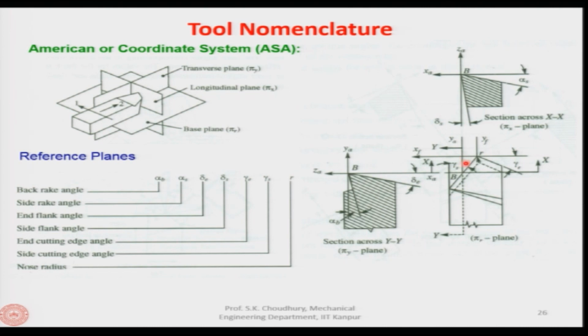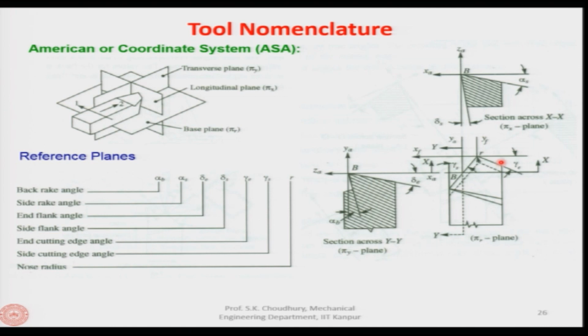Apart from this there are two more angles, one with respect to the principal cutting edge and another with respect to the auxiliary cutting edge. So, we have two rake angles, two flank angles, and two cutting edge angles, because we have the principal cutting edge and the auxiliary cutting edge.